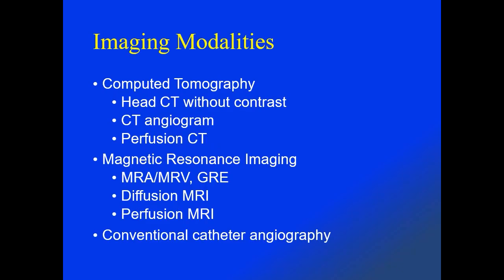Imaging modalities which are used to assess patients who present with acute intracranial hemorrhage include computed tomography and MRI, including CT angiograms, diffusion, perfusion MRI, and MRA, as well as the DSA, conventional catheter angiography.